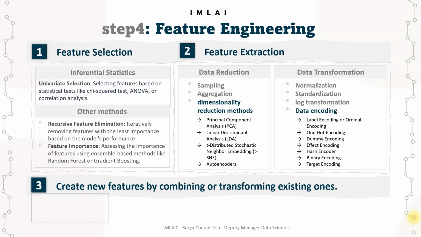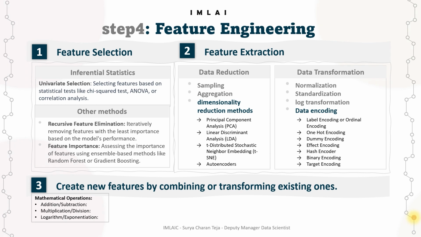The first one is mathematical operations, such as addition or subtraction: create new features by adding or subtracting existing features. The second one is to multiply or divide features to create new ones. And the third one is to take the logarithm or exponent of features to transform them.